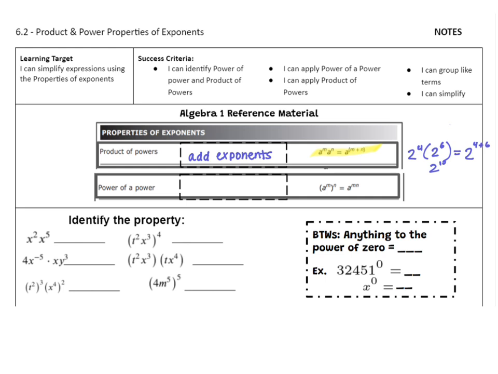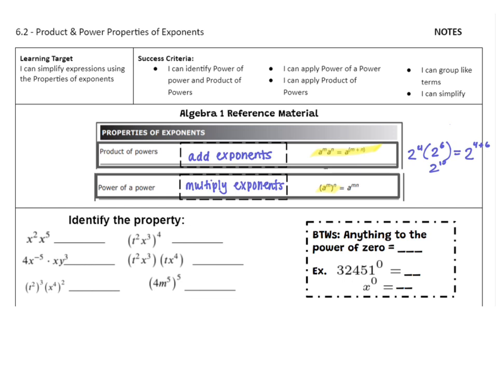Now, my other rule is called power of a power, and that is when we're going to multiply exponents. What that looks like is when we have something that's raised to a power and then it's raised to another power.